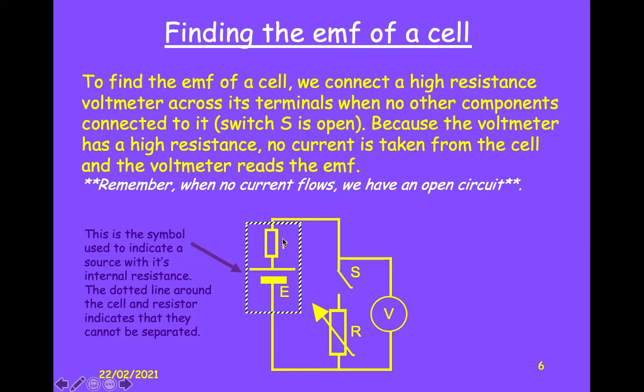So when we're doing questions that are related to e.m.f, the cell will be drawn with a little resistor beside it and a dotted line round it. There's not an actual resistor in the cell, but the cell has got some resistance, so we just draw the little resistor in there to show that we're acknowledging that there is some resistance within the cell which is going to affect the voltage available.